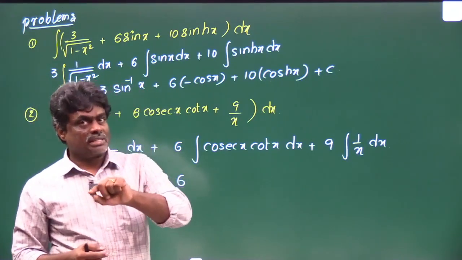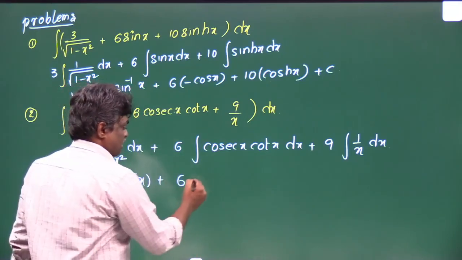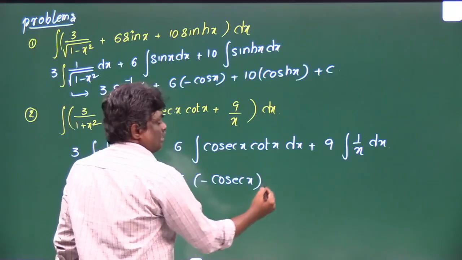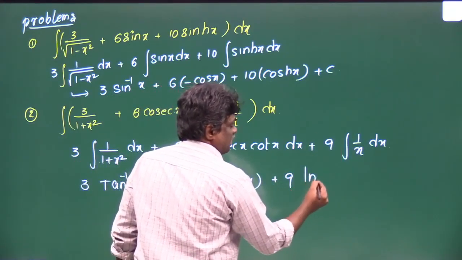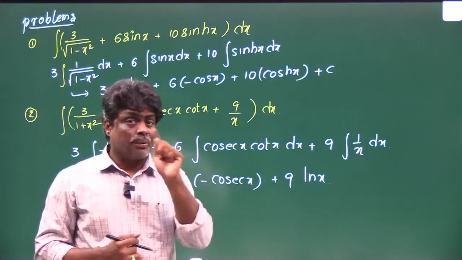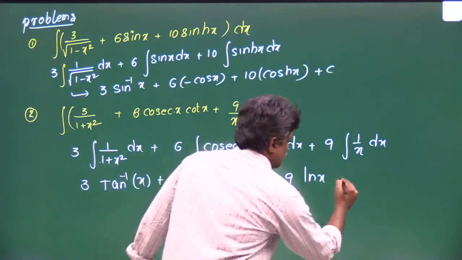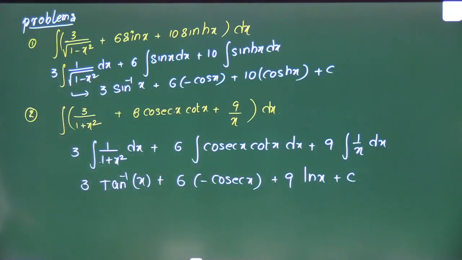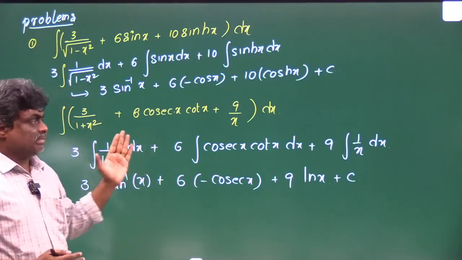Cosecant x cot x integral is also minus, that's why minus cosecant x, plus 9, 1 by x integral is log x. Whenever x power n with n equal to minus 1, the answer is log x, of course, plus c. Please check your answers. Please do it yourself, be confident.